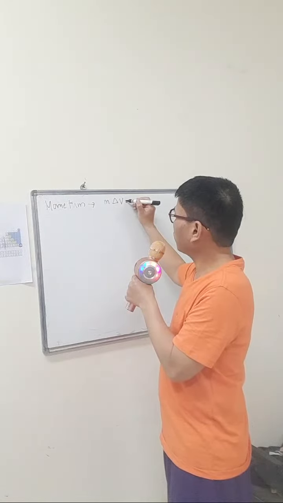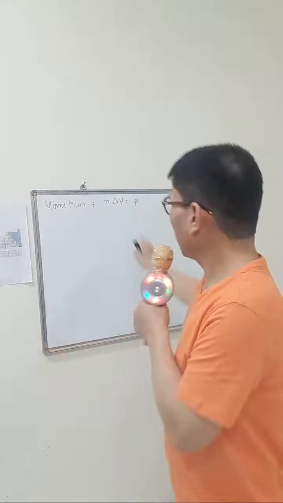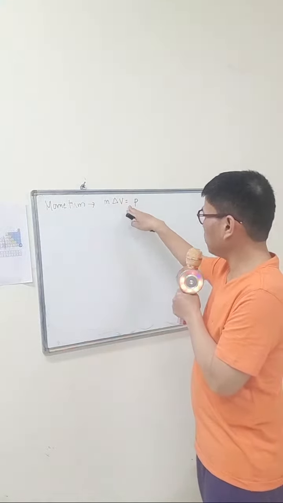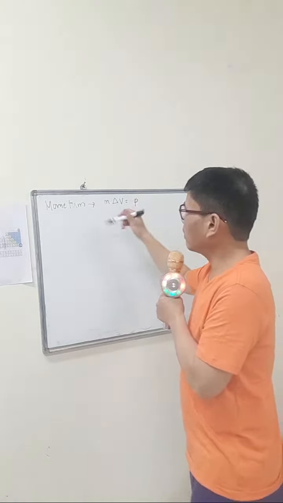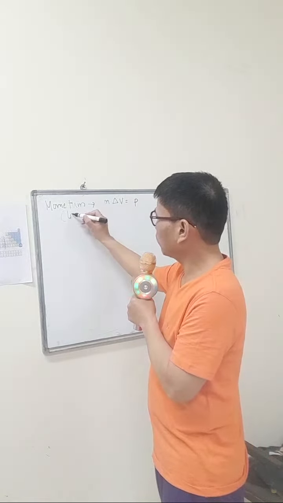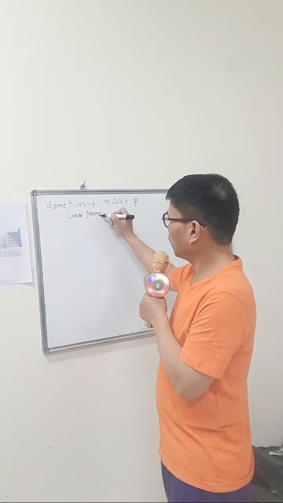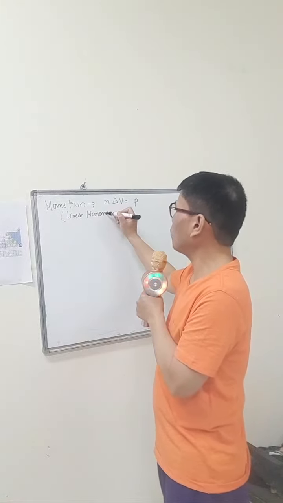The symbol is letter P. Mass times the change in velocity is equals to P. P is the symbol for the momentum. And this is linear momentum.